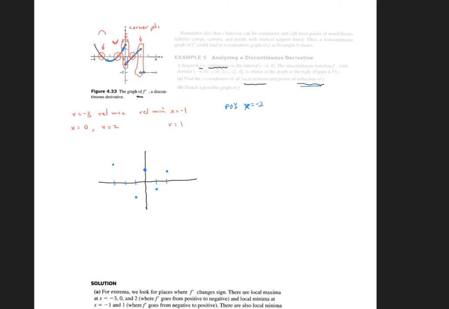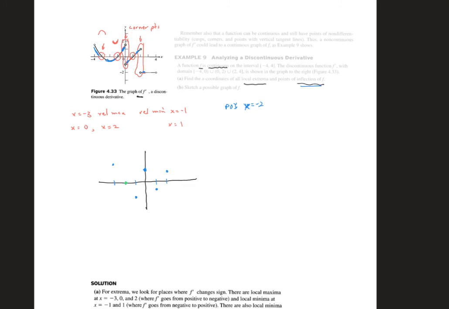So let's see. To the left of negative 3, our curve is above the x-axis, so that's going to be increasing. And the derivative is decreasing, so let's get our inflection points. Our inflection point's at negative 2, and in between the max and min, I'm going to choose right there to make that an inflection point.